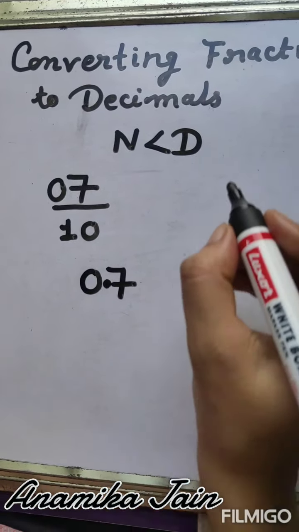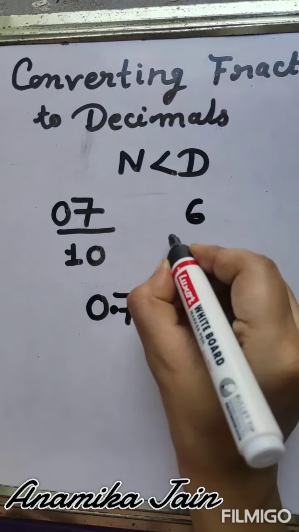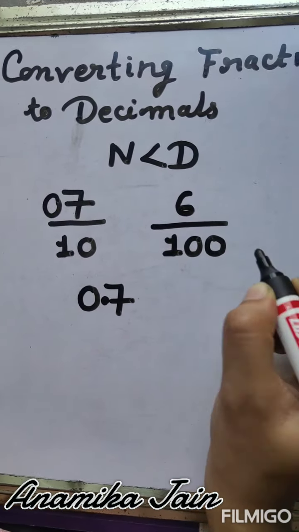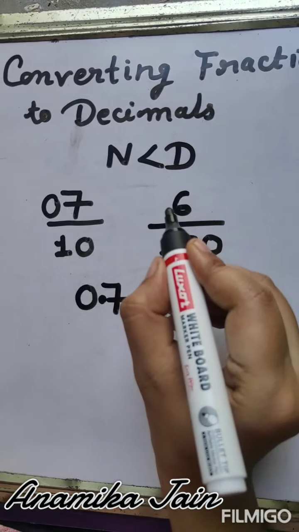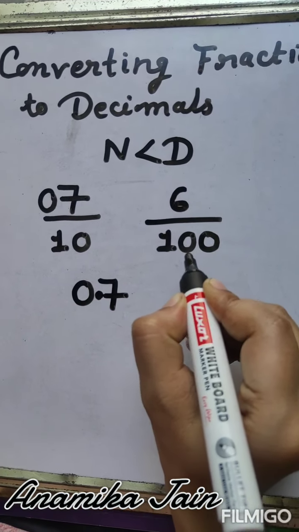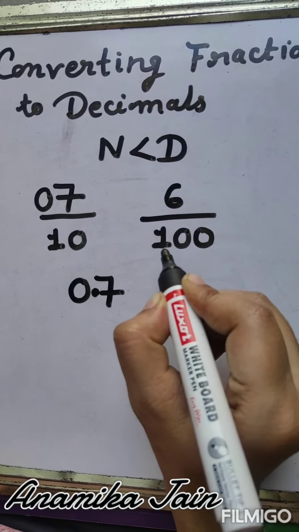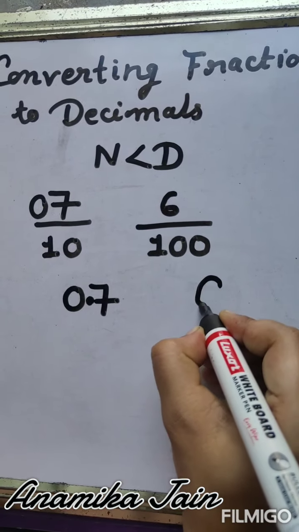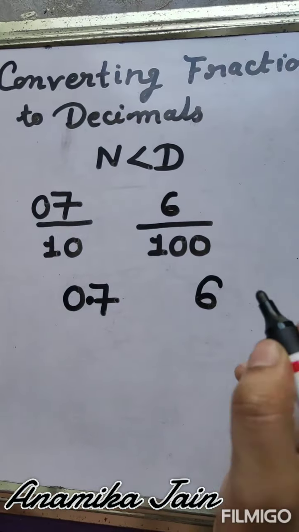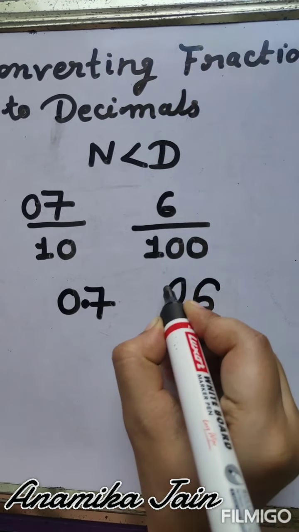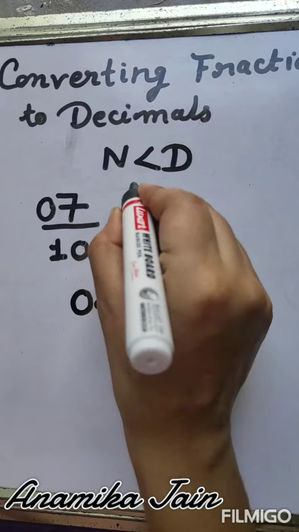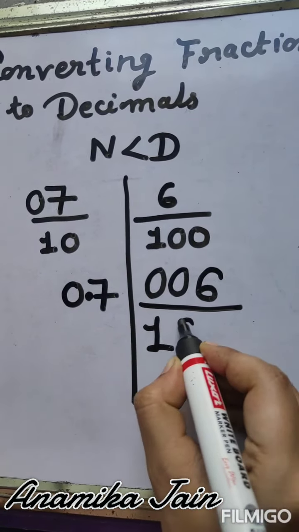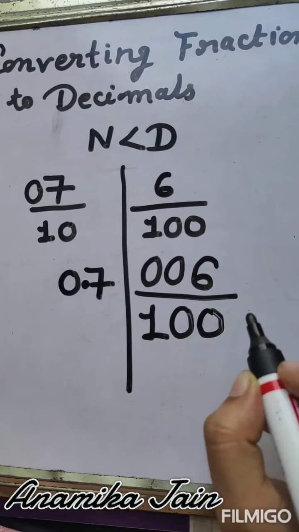For example, if I take 6 by 100. Now in 6 by 100 we have to see the number of digits: the denominator has 3 digits and the numerator has only 1. So we will make the same number of digits in the numerator by placing 2 zeros before 6. Now the numerator and denominator have the same number of digits, that is 3.